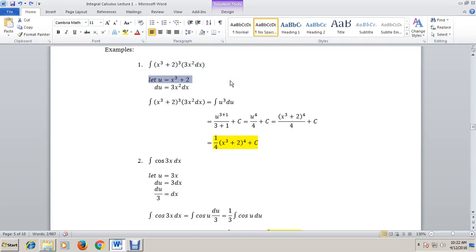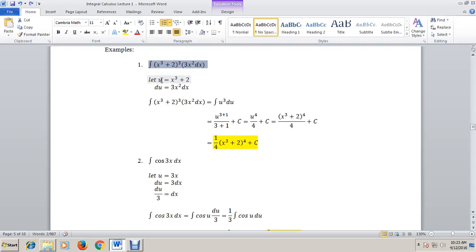This would be the suggestion: you look for the part of the expression in your integrand having the highest exponent, or the highest power. Obviously, in your expression x cubed plus 2 raised to 3 and your 3x squared, between the cube and x squared, you have 3 as the greater power. So that gives you a clue as to which part of your integrand you will represent as your u.